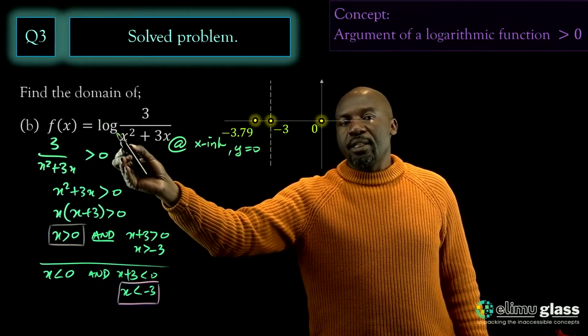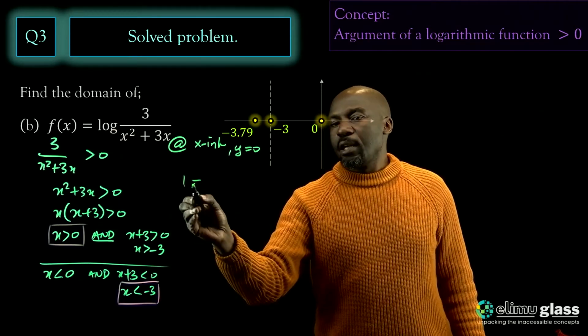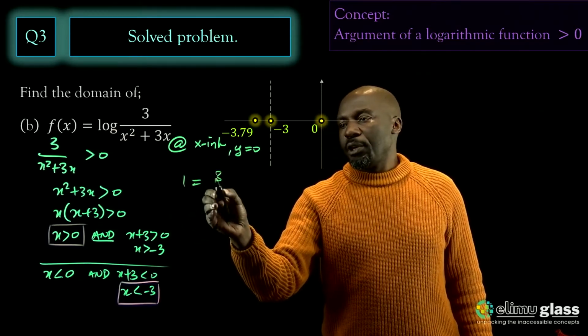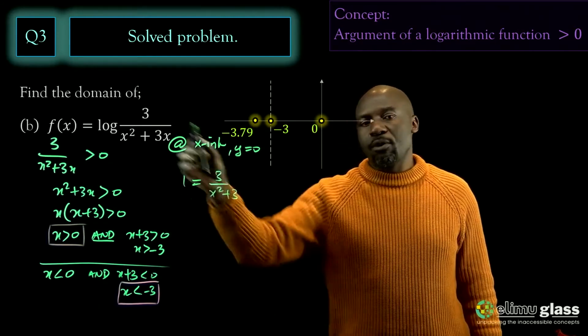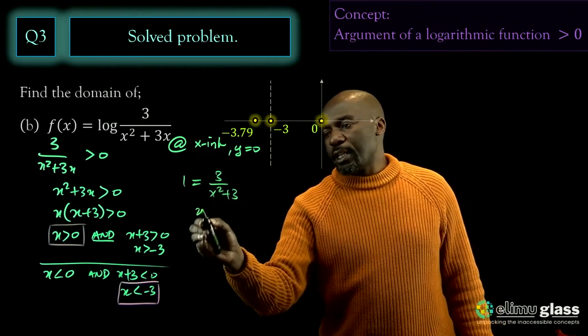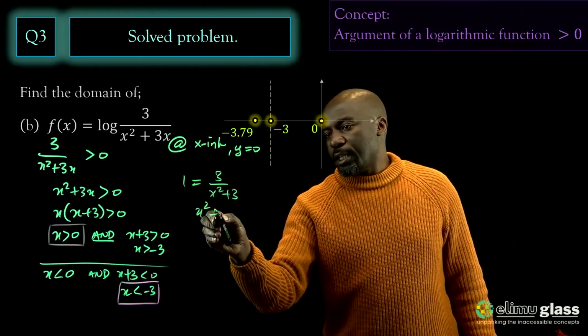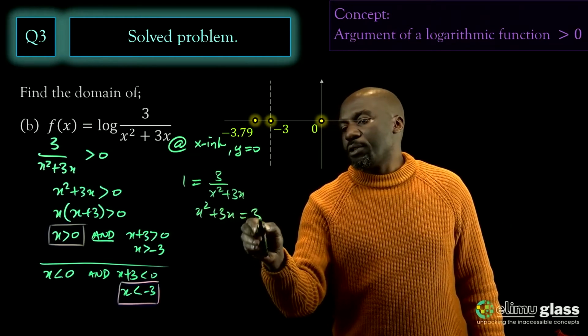If we don't have a base here, it means base 10. So 10 power 0, which is 1, must be equal to 3 over x squared plus 3x. So we change from logarithmic to index notation. All right, if you cross multiply, we get x squared plus 3x equals 3.